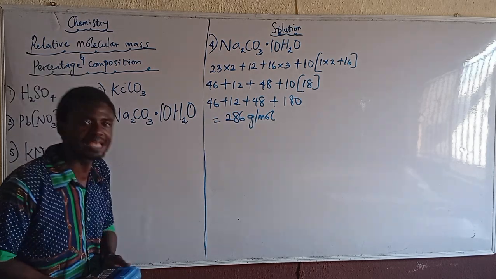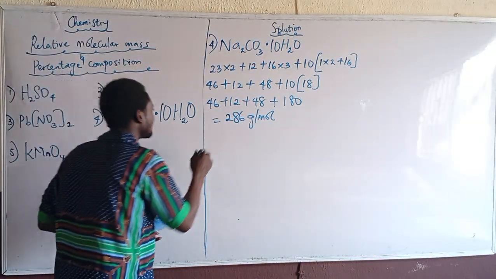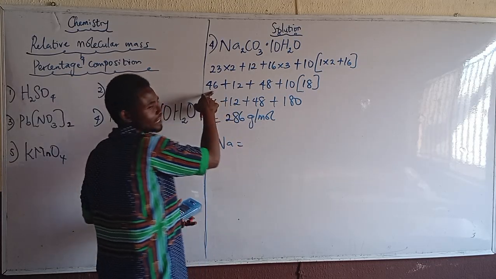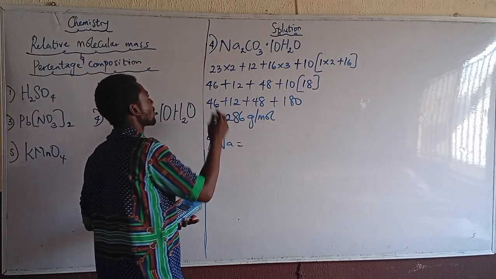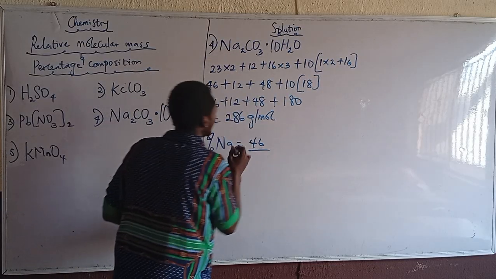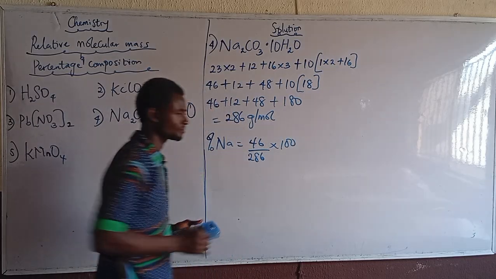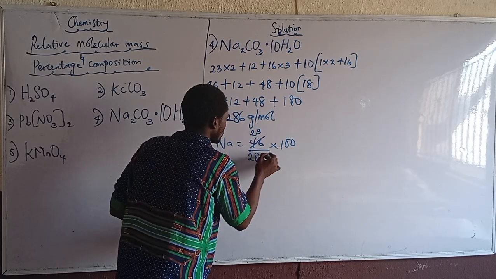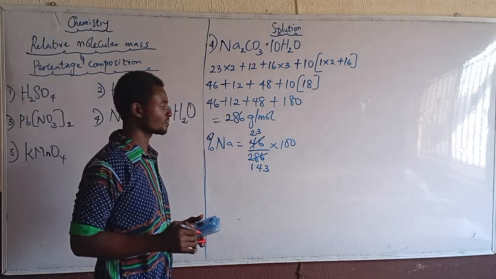So for the percentage composition, I'll start with sodium. Sodium is 46 because I have 2 moles of sodium here. So it becomes 46 divided by the total 286 times 100. I can divide by 2 here: 23, and 143.